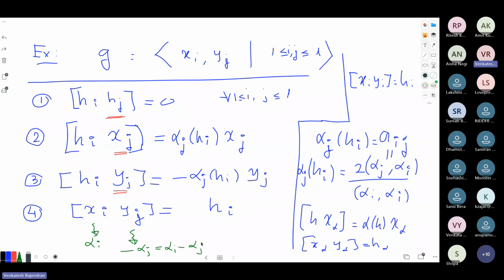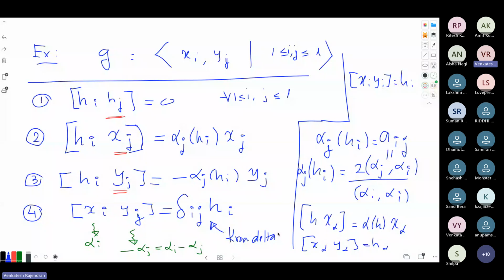So whenever i is not equal to j, you get 0, but when i equals j, you get h_i. So here you get the Kronecker delta ij, which is 1 when i equals j, otherwise 0. So these relations are immediate.